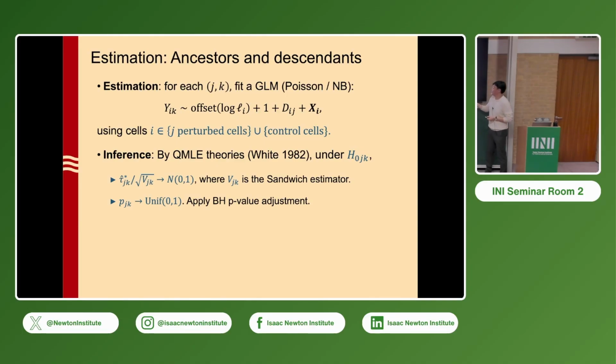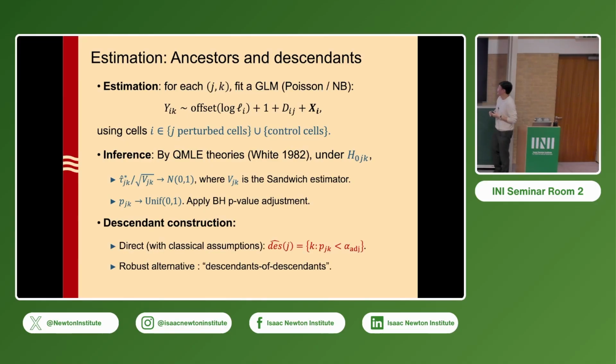The p-value also converges to uniform as the cell number goes to infinity. So basically, we can collect all the p_jk across j and k, and then do some type of adjustment of the p-values. If gene k is significantly changed by the perturbation of gene j, then we call it a descendant of gene j. And the ancestors can be similarly obtained: you call the genes k that contain gene j as a descendant ancestors.